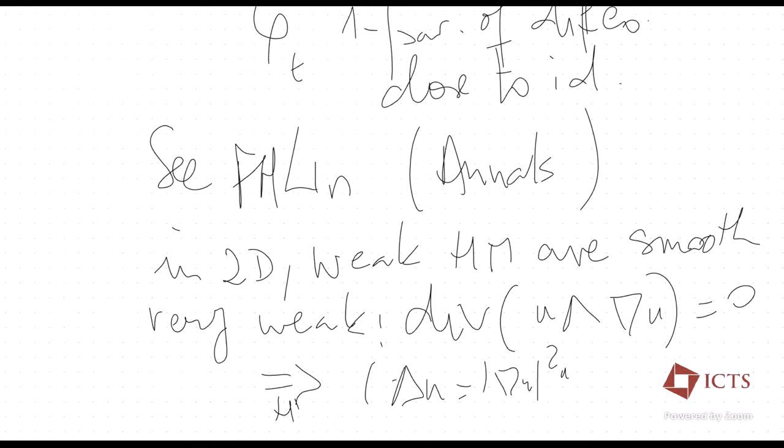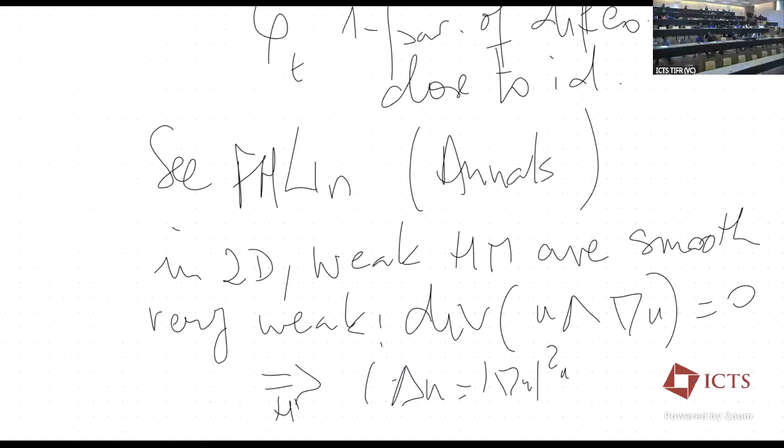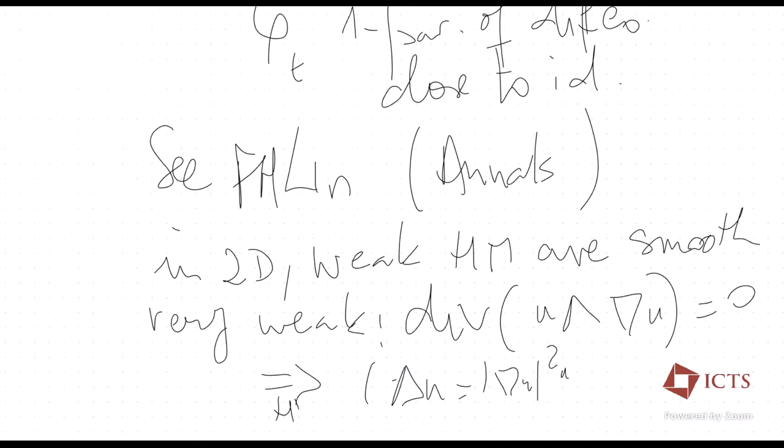There are some examples: you can build maps into the two sphere or the 3 sphere which are smooth everywhere and minimizing. But are there smooth harmonic maps which are not minimizing?